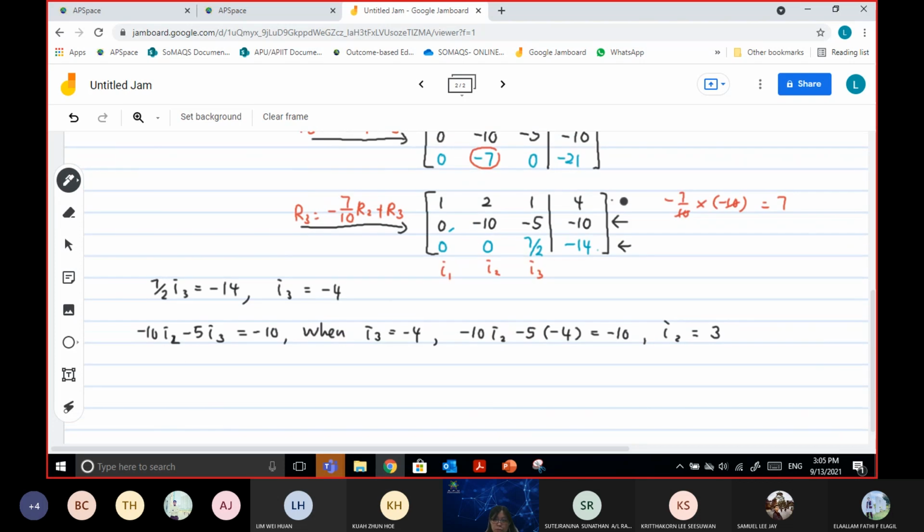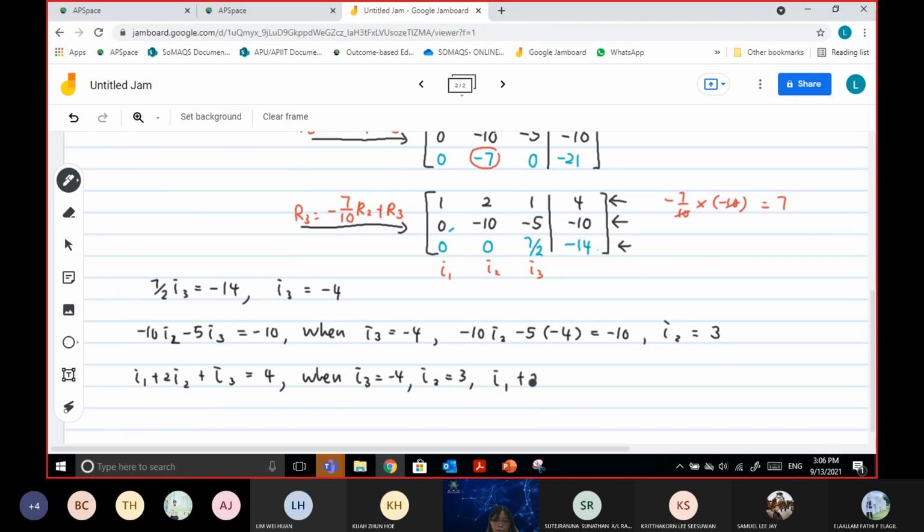Then we proceed to the first row: I1 plus 2 I2 plus I3 equals 4. When I3 is negative 4 and I2 is 3, what is I1?